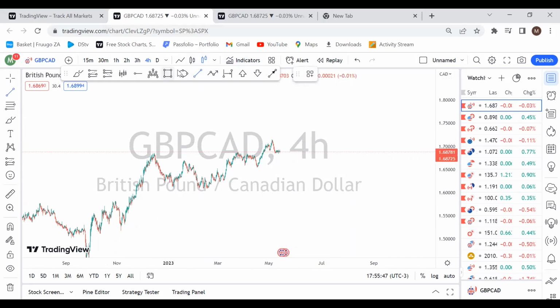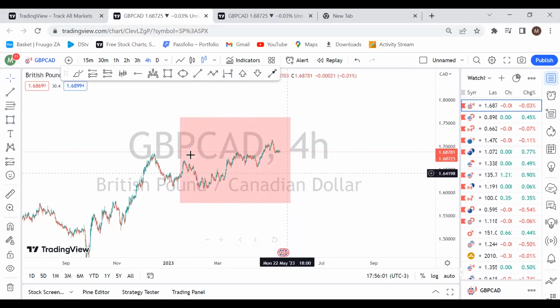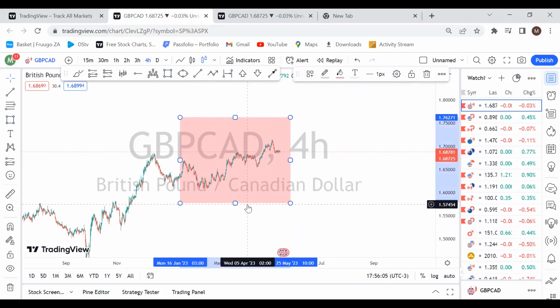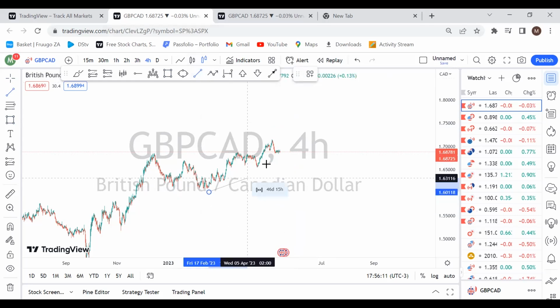So for beginners, I'm just gonna highlight everything now, the current market. You may agree this is the current market, right? Within the zone. So what I do first is get my structure, which consists of a support and a resistance.